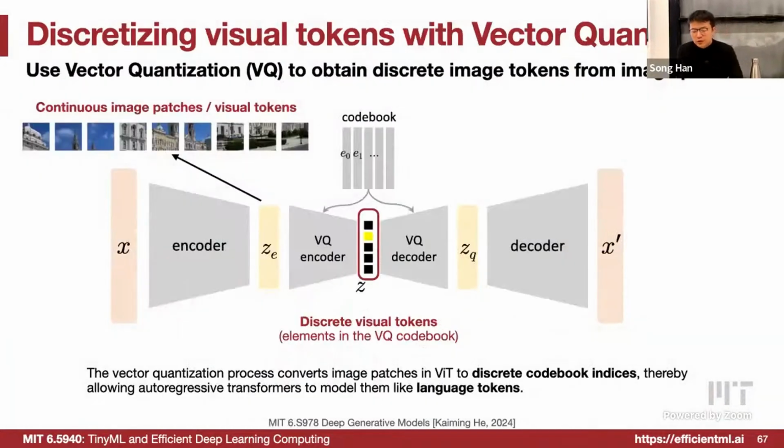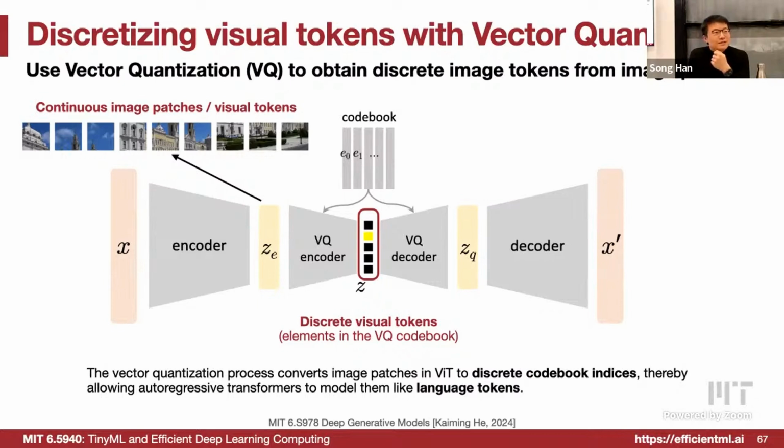So what is different between language generation and image generation? For language, we have a fixed vocabulary, right? Like in English, we have several tens of thousands of English words. They are discrete, so we can use the CE loss very easily to supervise these discrete tokens.